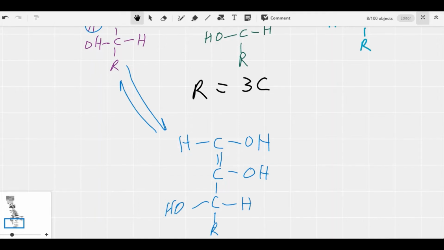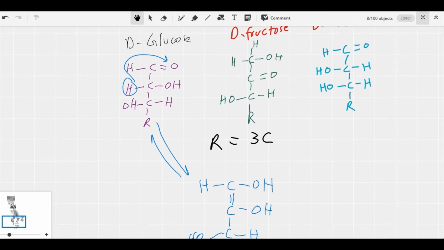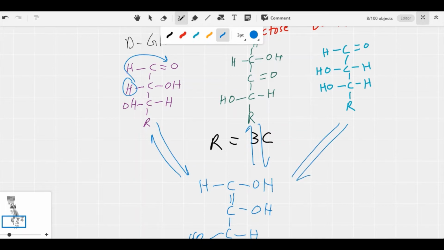The same happens in the D-fructose case, making the same enediol, and the same happens in the D-mannose structure.